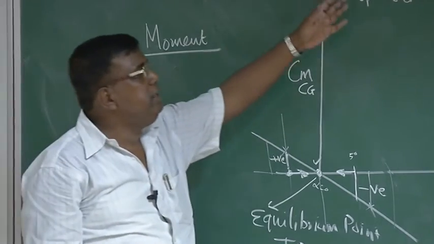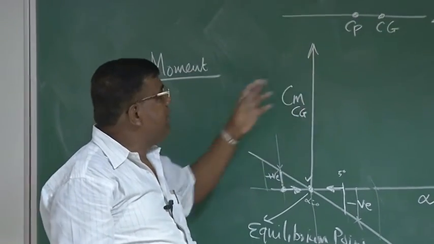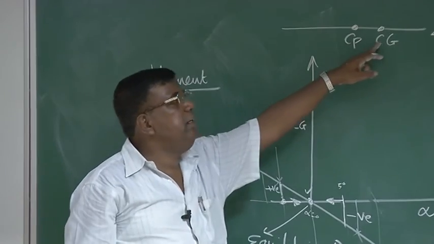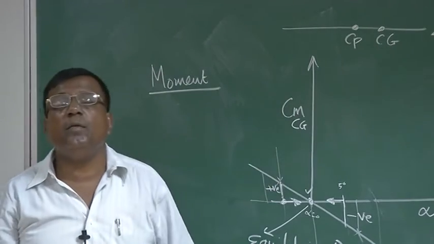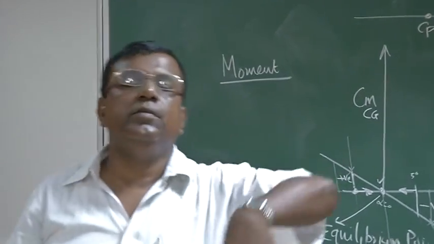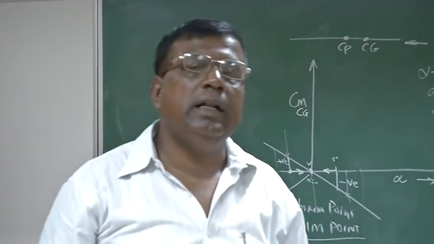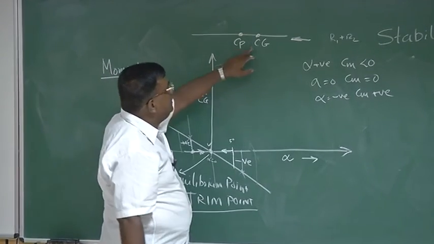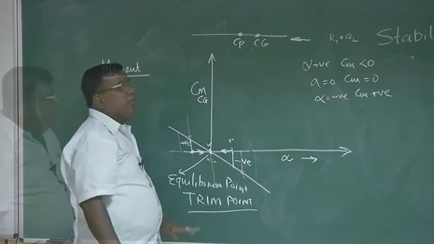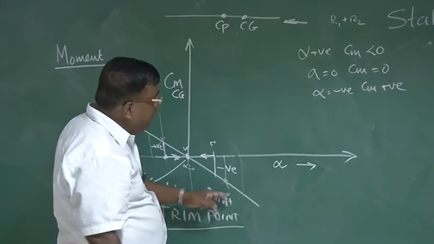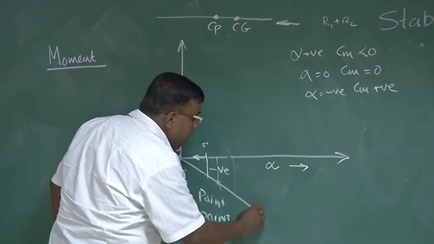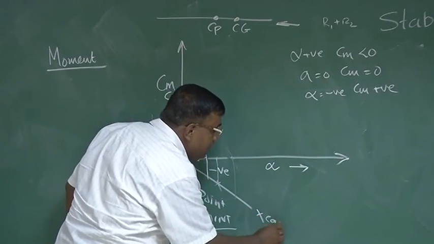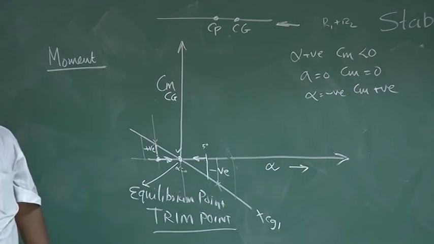If you take this plate for this example, whatever Cm I am writing here is about the center of gravity. Why am I taking the center of gravity? Because I know in free air, free space, the body will rotate about an axis passing through the center of gravity. So this is the variation of Cm about Cg with angle of attack alpha. So when I draw Cm versus alpha, I must mention that this is for a given Cg location. So I am writing xCg1.